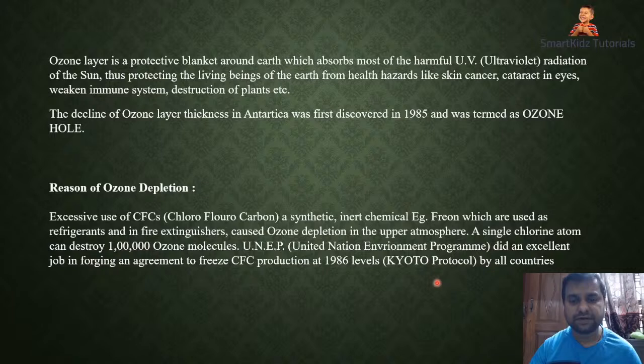There was a protocol that was signed by most of the nations, called the Kyoto Protocol, and there's a follow-up going on, and more nations are growing aware of this situation. They can now see what can happen if the ozone layer is destroyed, if there is an imbalance in the environment.